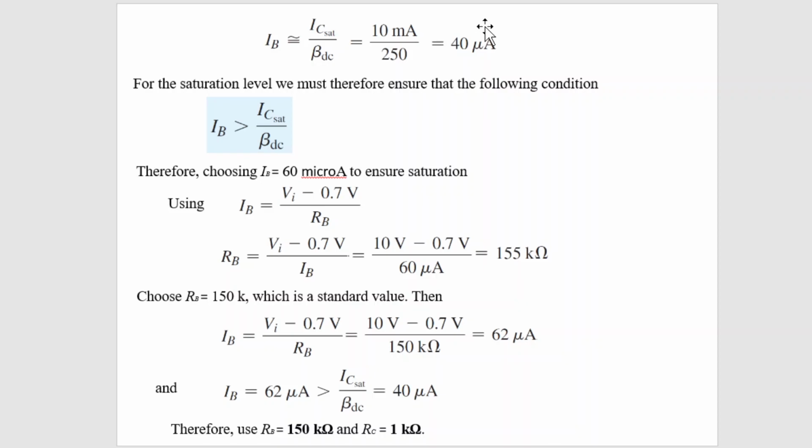Out of the choice, which base resistance should be chosen? This standard value is less than the other value, so obviously we'll choose the lesser value of base resistance, that is 150 kilo ohm. That is why I have chosen base resistance 150 kilo ohm and collector resistance 1 kilo ohm.